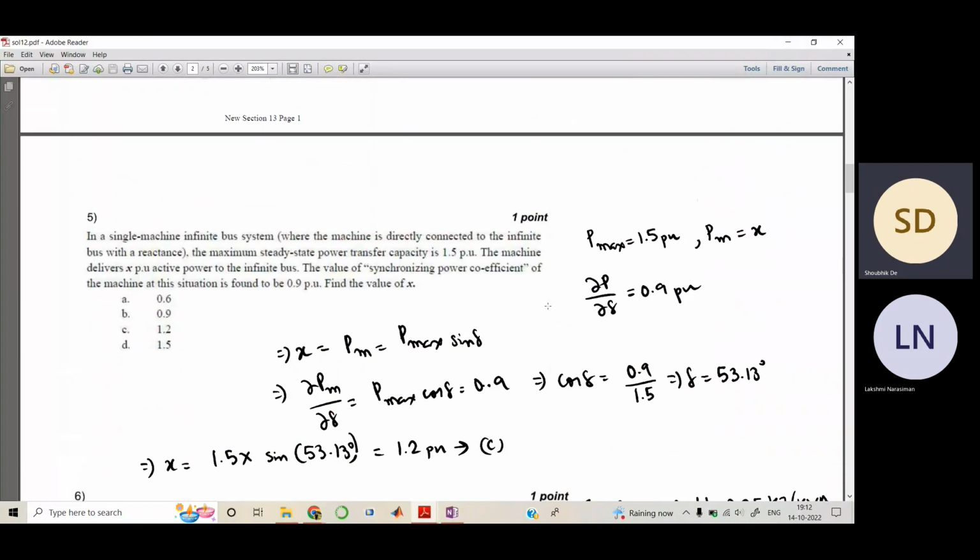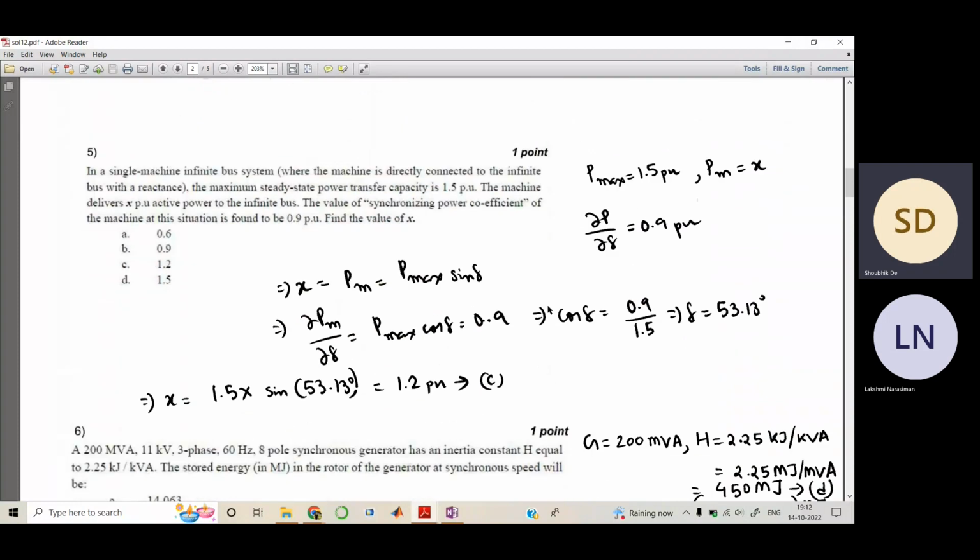Now let's go to question number 5. Here they have mentioned that in a single machine infinite bus system, the machine is directly connected to the infinite bus with a reactance. The maximum steady state power transfer capability is 1.5 per unit, right?